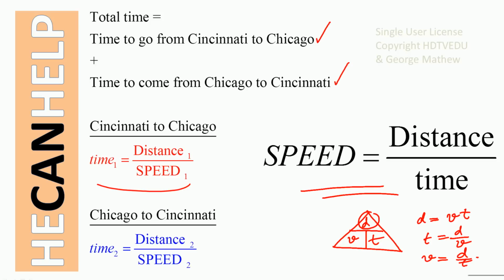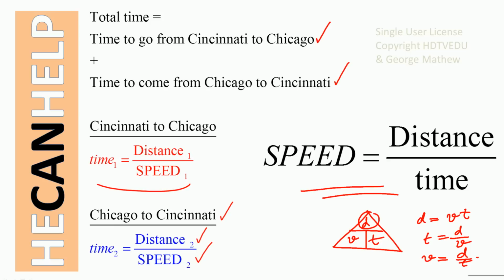Do we know the speed with which we go from Cincinnati to Chicago? From Chicago to Cincinnati, let's look at that. Do we know the distance from Chicago to Cincinnati? Do we know the speed to come from Chicago to Cincinnati? So we know distance 1, we know speed 1. We know distance 2, we know speed 2.